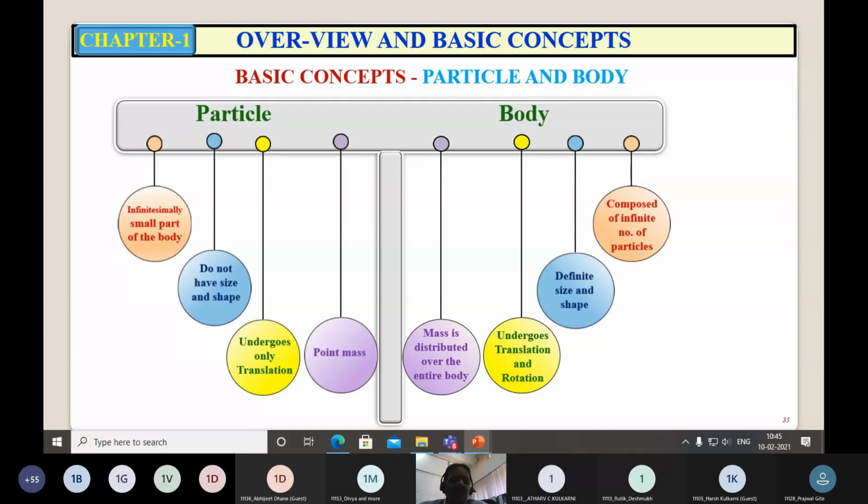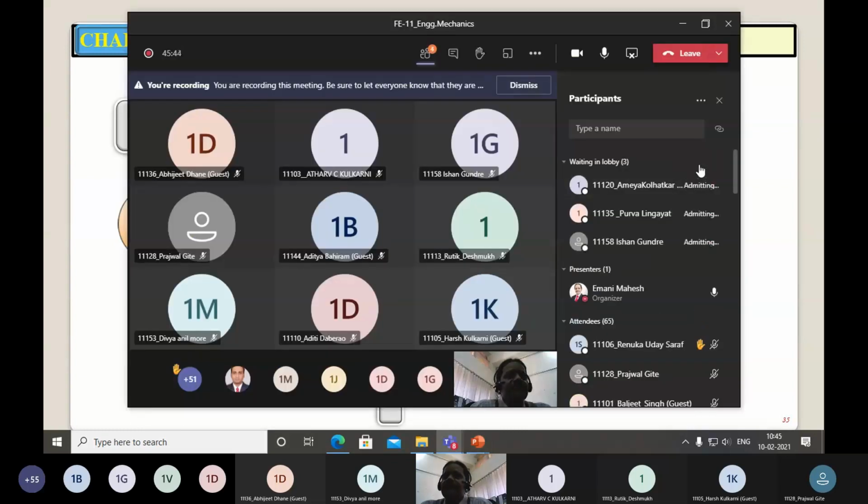Simply, particle occupies a point in space, whereas body occupies volume in space. Because in particle, we are neglecting the size, we are neglecting the dimensions, whereas in body, we are considering the dimensions.